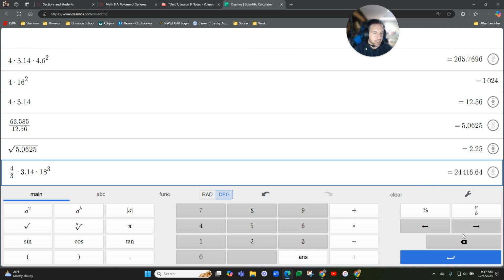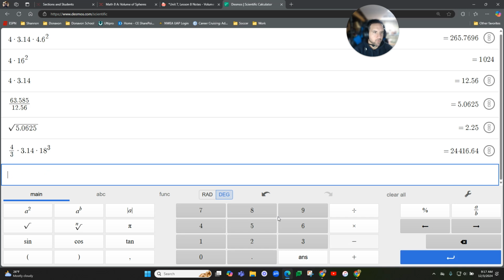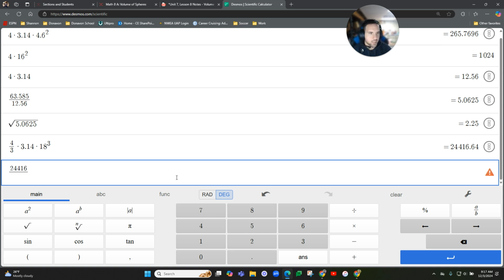Okay, so that is that number. Before I go to the next thing, I'm going to divide that by 2. 24,416 divided by 2 is 12,208. Oops, I forgot the 0.64, so 12,208.32.